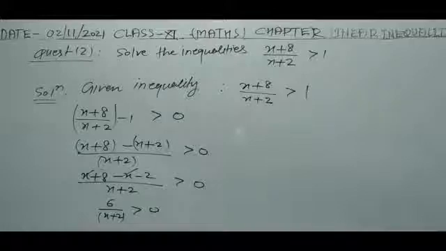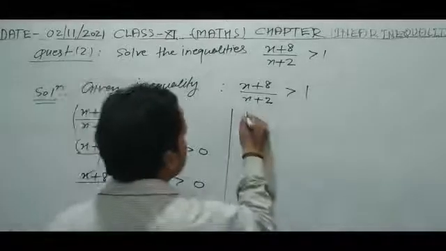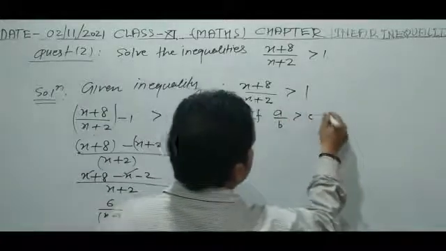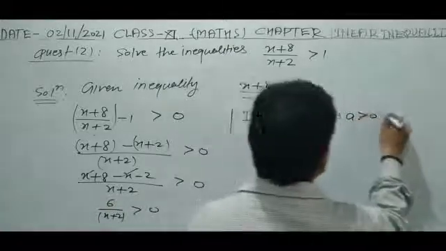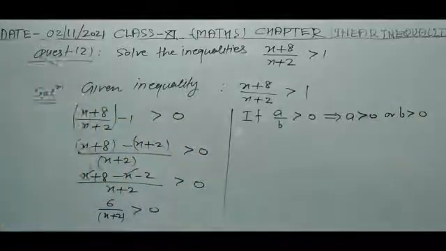Now what we can say, since you know the inequalities, if a by b is greater than 0, this implies a is greater than 0 and b is also greater than 0. Both will be greater than 0.